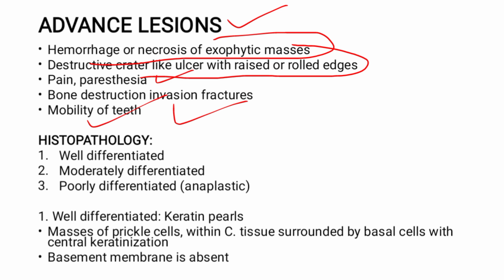Now a new thing happens: it becomes indurated, more hard. Now it is fixed to the underlying structures. Lymph node enlargement is also present. But in advanced, in that mass there is hemorrhage and necrosis, and the ulcer is crater-like with rolled or raised edges.